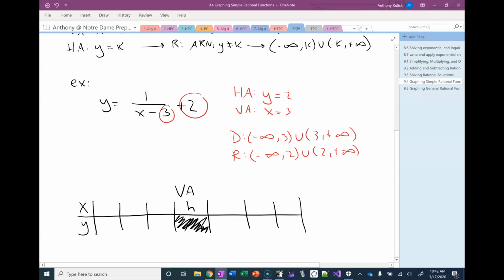So the h doesn't get a point. If I plug that value for h into my function and try to type that into my calculator, I'm going to get an error. So that's not going to do me any good. And then I'm just going to pick 3 points on either side of my h. So typically I just go up by 1s and then down by 1s.